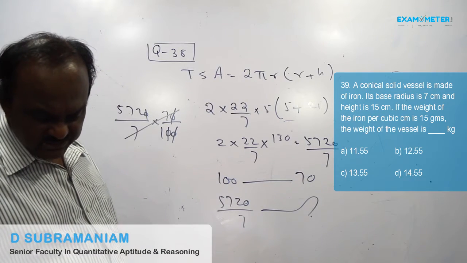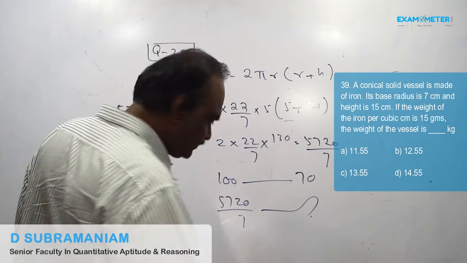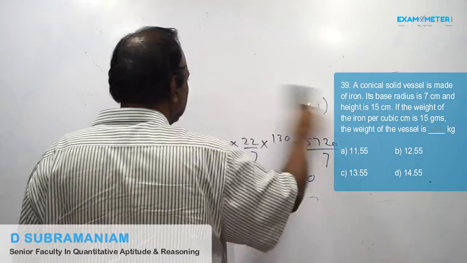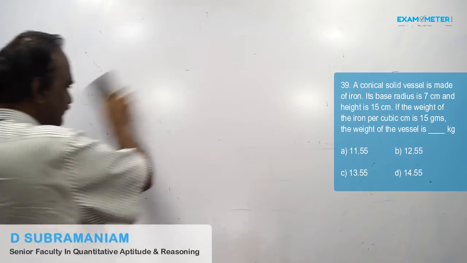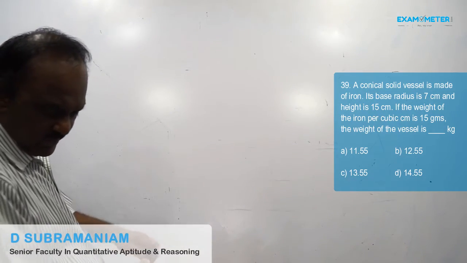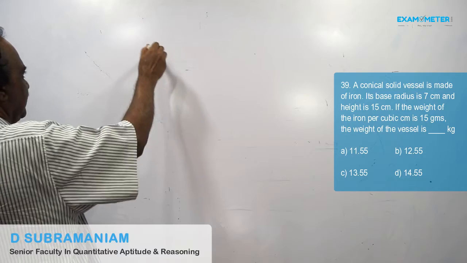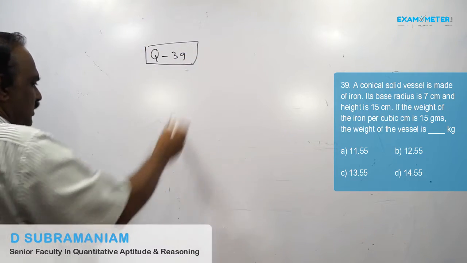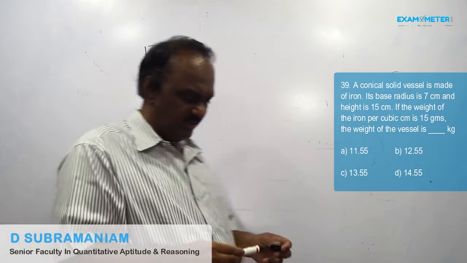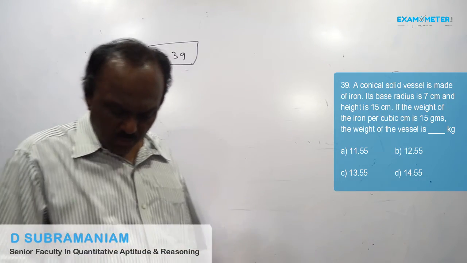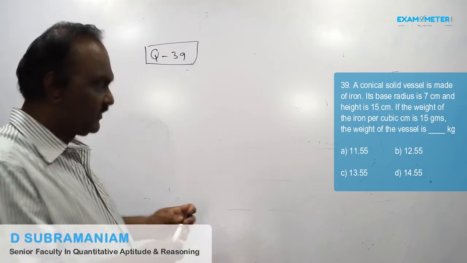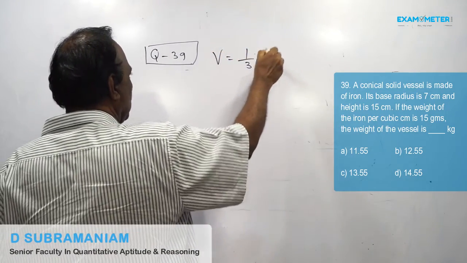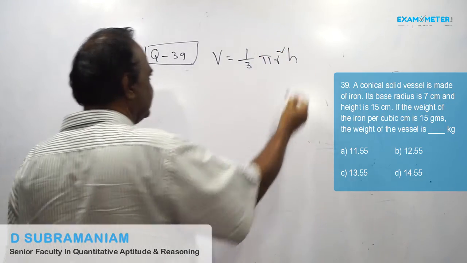So write down first step. Volume of the conical vessel. Formula is 1 by 3 pi r square h.